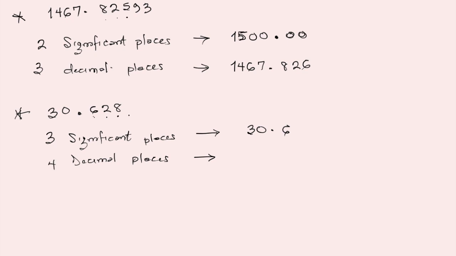In this case, we don't have any number here, but we have to write down the number in 4 decimal places, so we add a 0 to make up. And so our number in 4 decimal places is going to be 30.6280. I hope that's clear about significant places and decimal places.